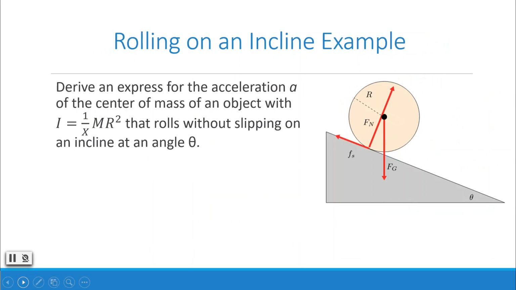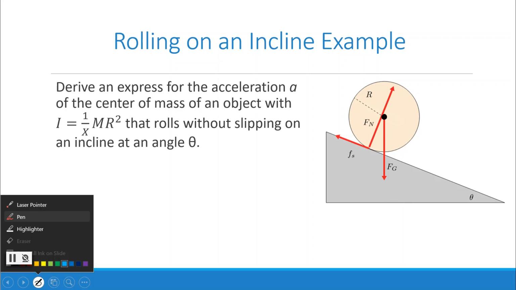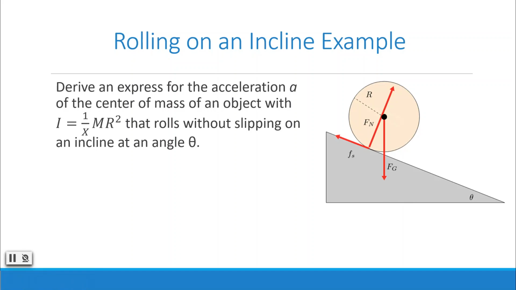Let's say we wanted to find the linear acceleration of this thing as it rolls on the ramp. Now, if you recall, when we looked at ramps before, the linear acceleration on a ramp was always straight down the ramp, and that linear acceleration was equal to g sine theta, assuming that there was no friction, if this was a frictionless ramp.